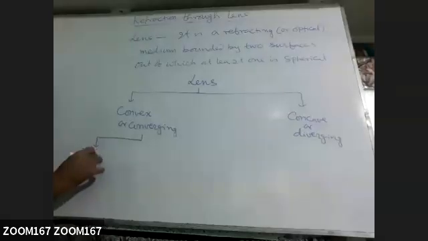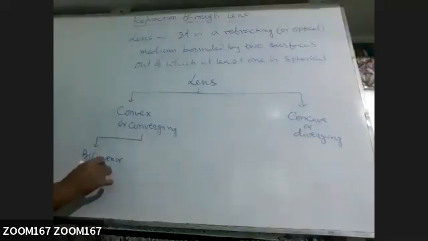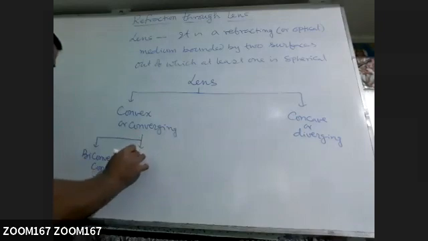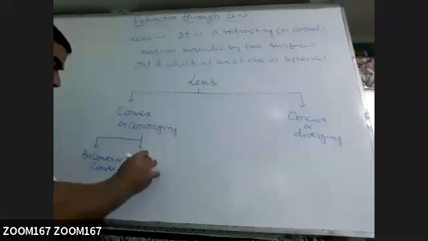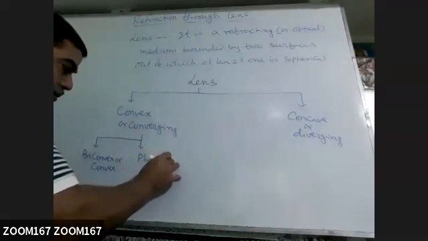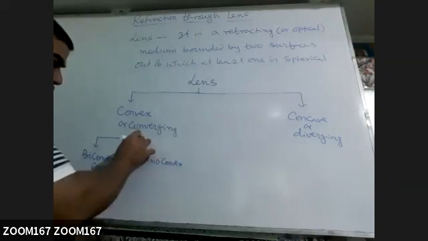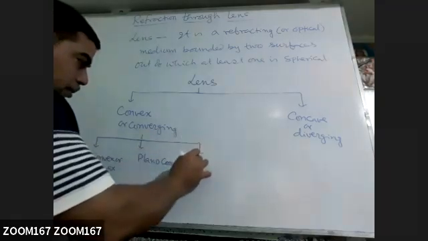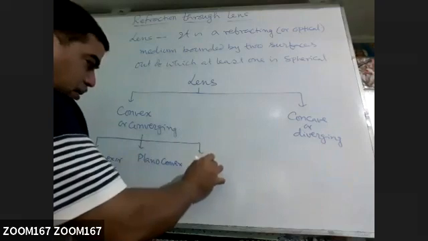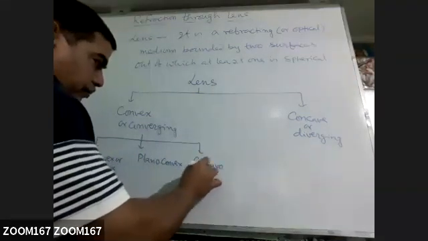One we call biconvex or simply convex. Other is plano-convex. And this is concavo-convex.